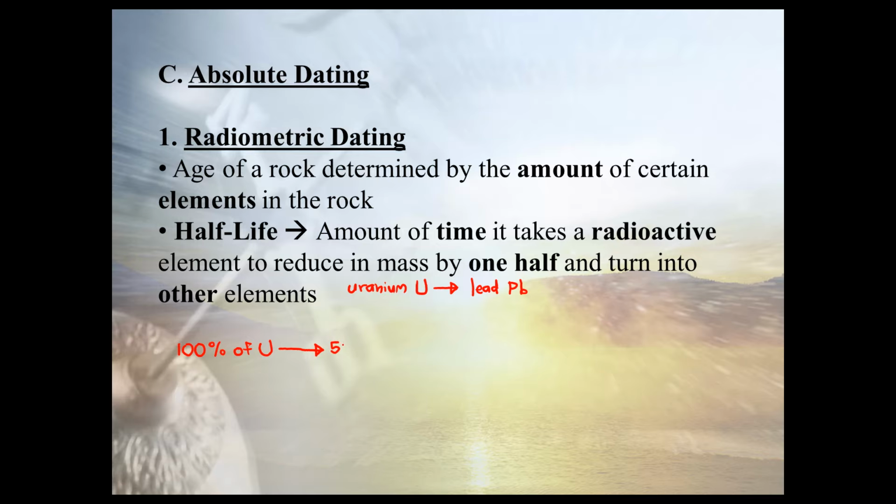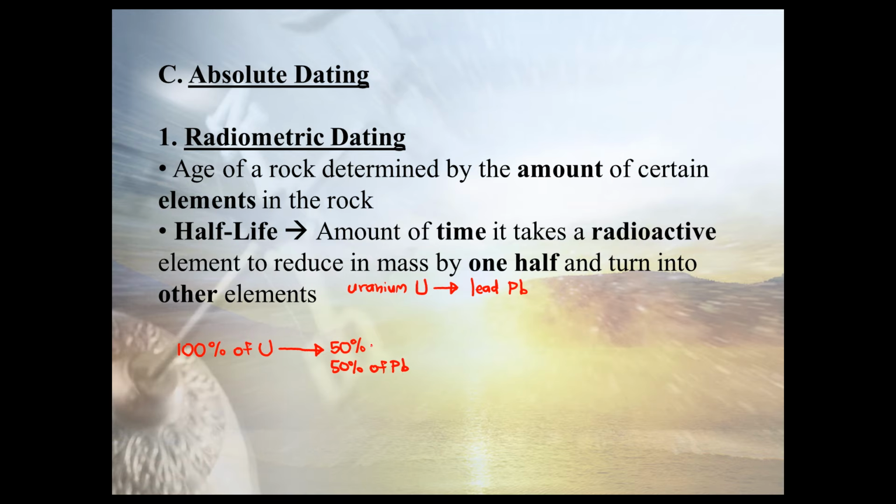Let's say that sometime later, this uranium has decayed so that 50% of it is now lead. So radioactive uranium has decayed into 50% lead.